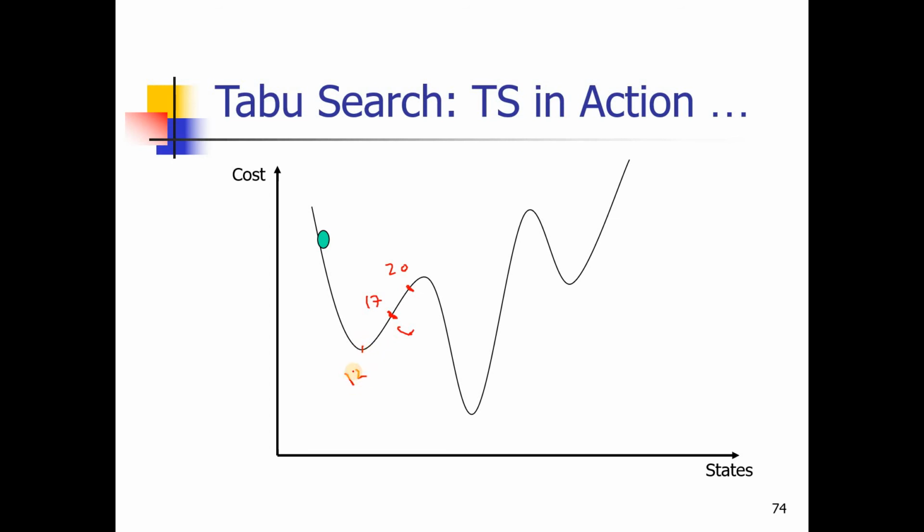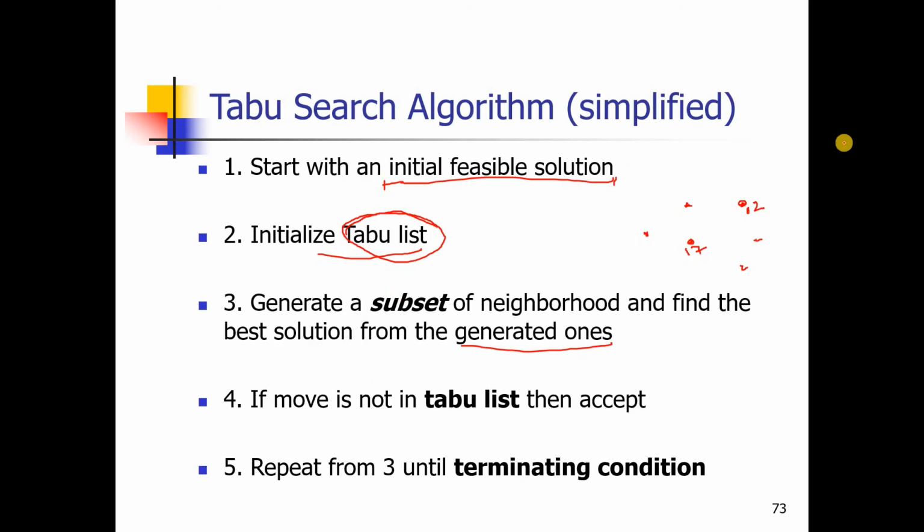Now there is a problem. That's the Tabu search for that. 12, I have already explored this 12. I have already gone through that point. That point is in the Tabu list, because I have already passed through this node. So 12 is an option, but I will not select this 12 because it is in my Tabu list.